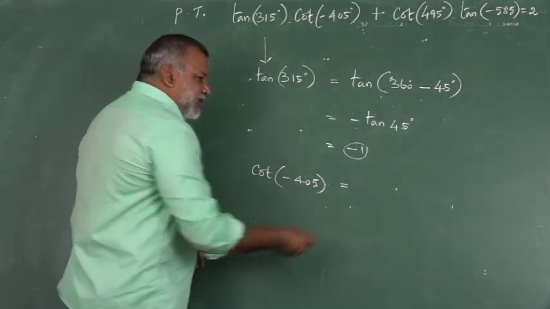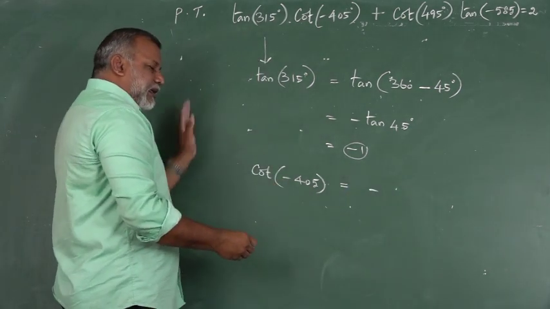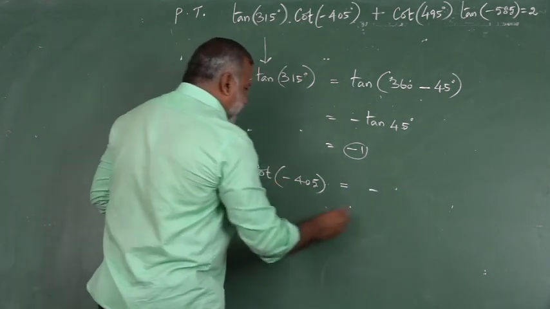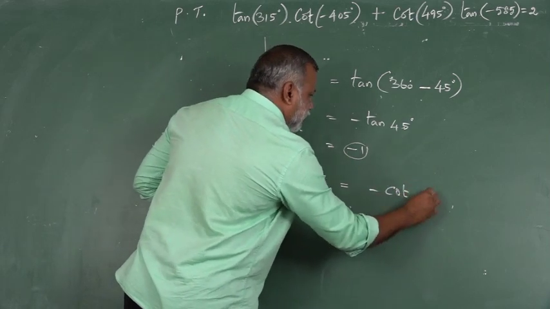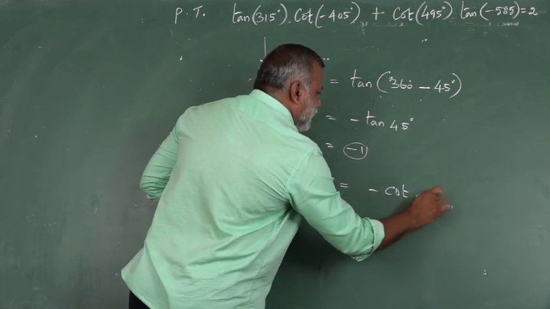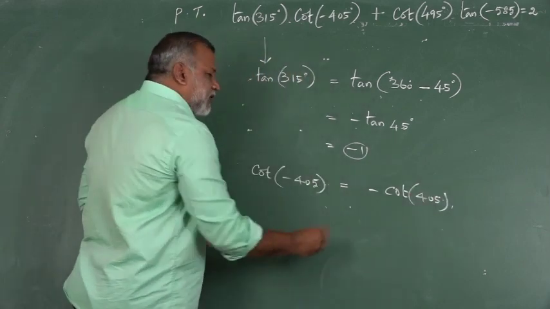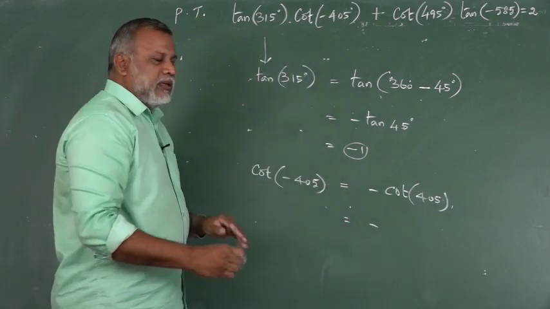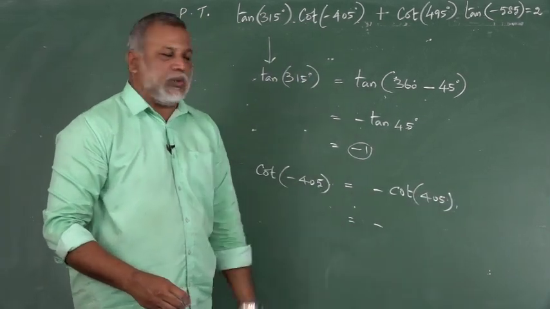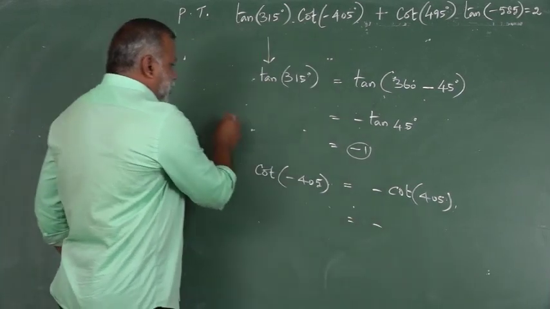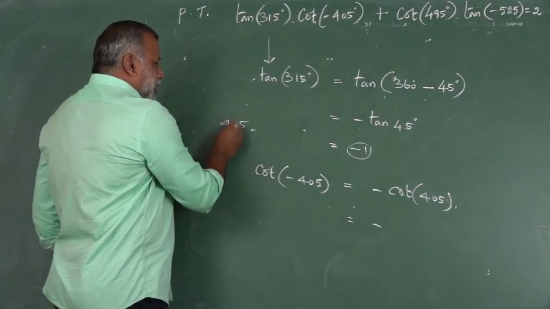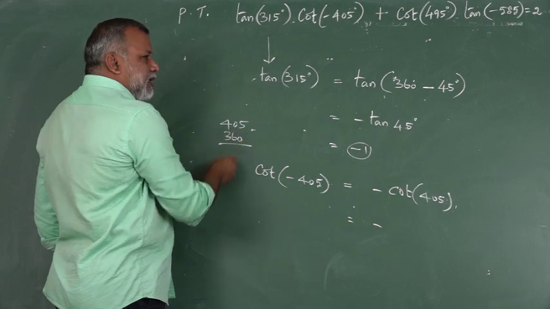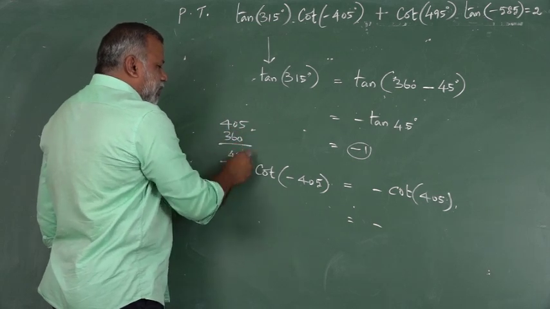The negative comes out: minus cot 405. See, 405 means it has more than 1 complete rotation. Therefore, from this 405, remove 360. So the balance we get is 45 degrees.